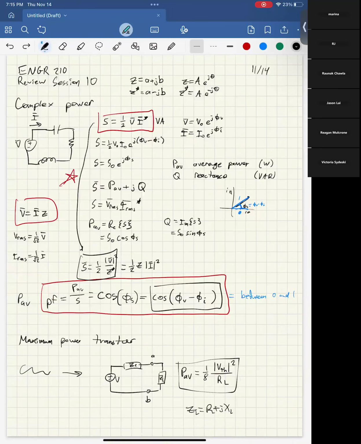If you don't have the conjugate, then you won't end up getting the right thing. But yeah, this was just me being wrong. I mixed up the equation. But this is the maximum power transfer equation. You only care about the resistive component of your load. If there is a question on the quiz about maximum power transfer, it will likely only ask for the power average because that's the equation that you learned about.